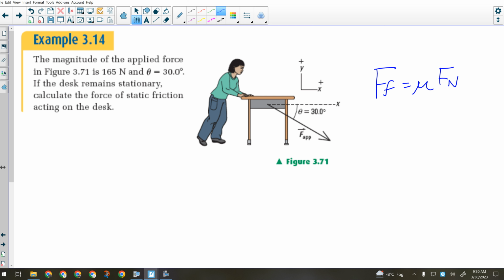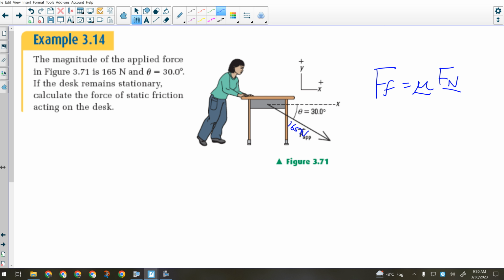So in this situation, I won't use this formula for 2 reasons. I don't know this or that, and I don't really have any way to get either one of them, so that formula is pretty much out here. What I do know is that I'm pushing this way with a force of 165 newtons.